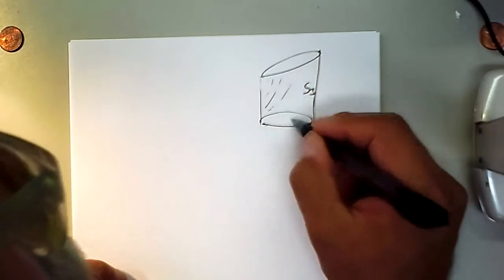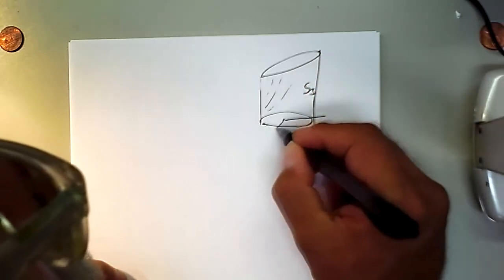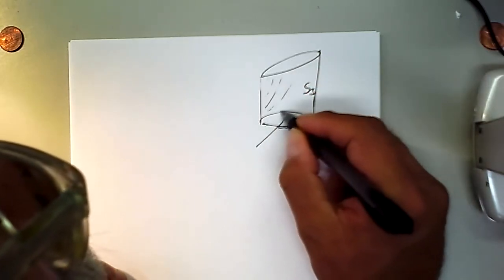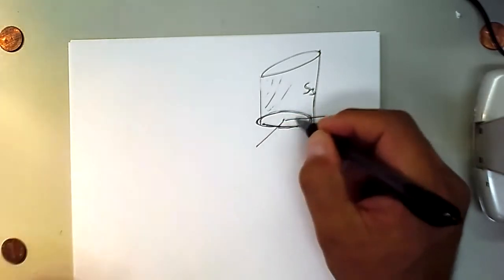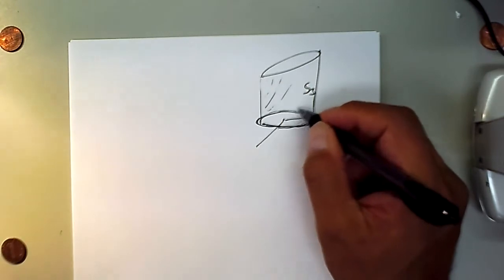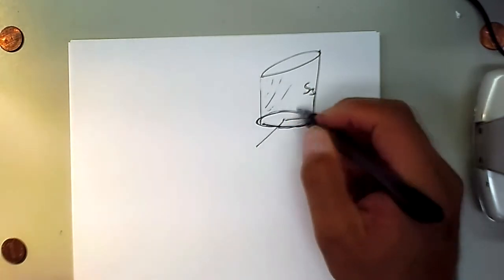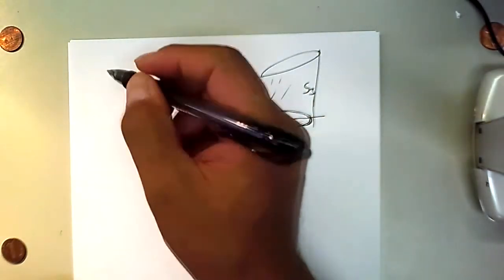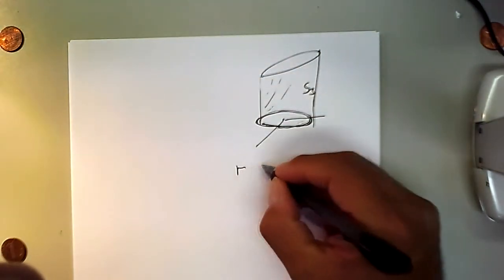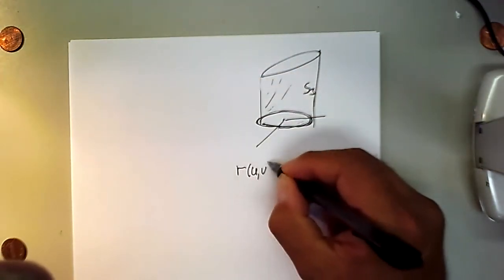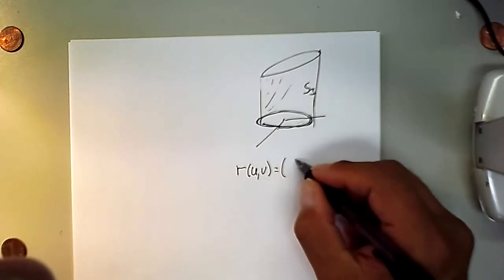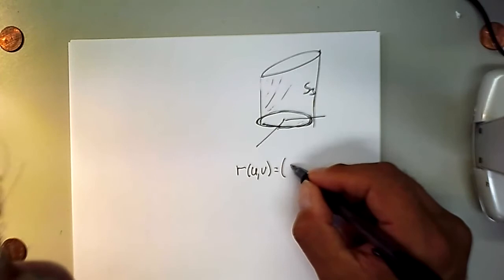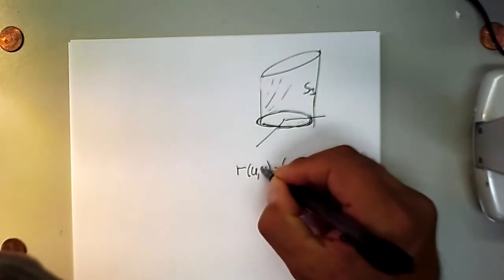How do we parameterize that? Well, first, we need to parameterize the circle. We know how to do that quite well. The bottom circle can be parameterized with, okay, so R, U, V. Okay, so the bottom can be thought of as, let's put 0 for now.